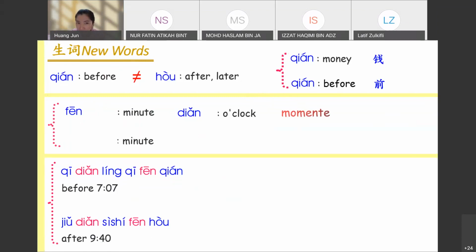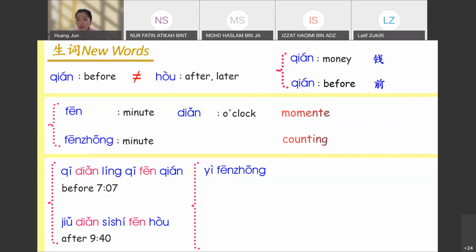But we have another one. There is another minute word in your book, 分钟. Did you see it? They have another minute word, 分钟. They also have another word for 一分钟. So 分钟, this word is used for counting. Look at here. 一分钟 means 1 minute.